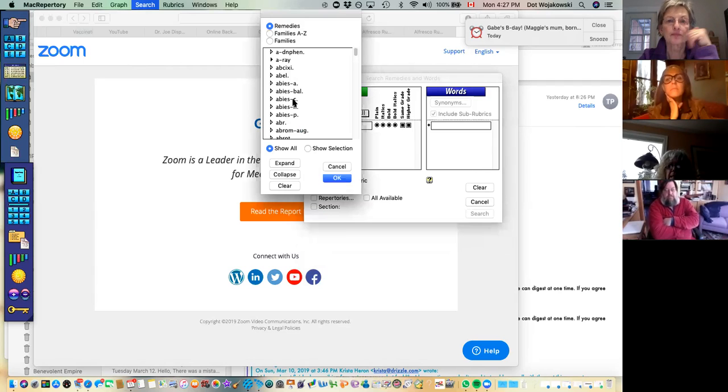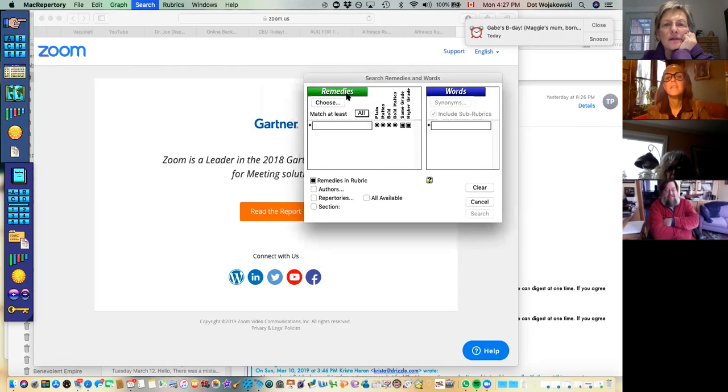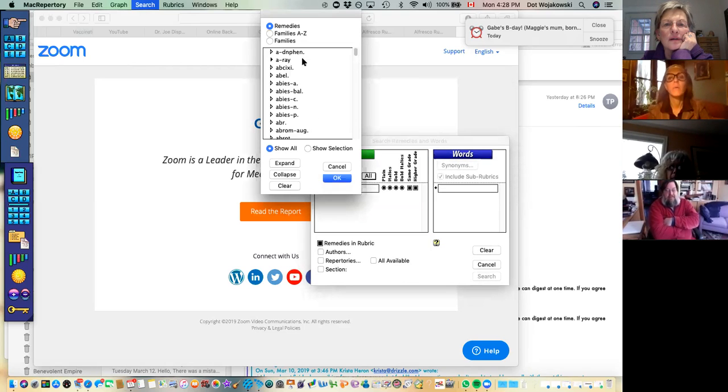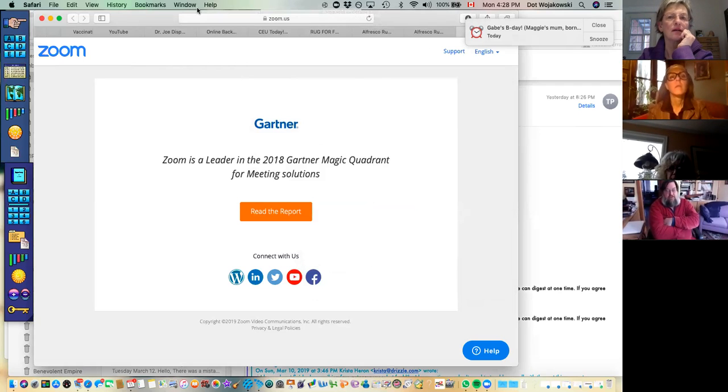Go to families, up at the top, the third option. No, you're just going by it there. It's overlapping with my Zoom. Just move your Zoom somewhere. You can minimize your Zoom.